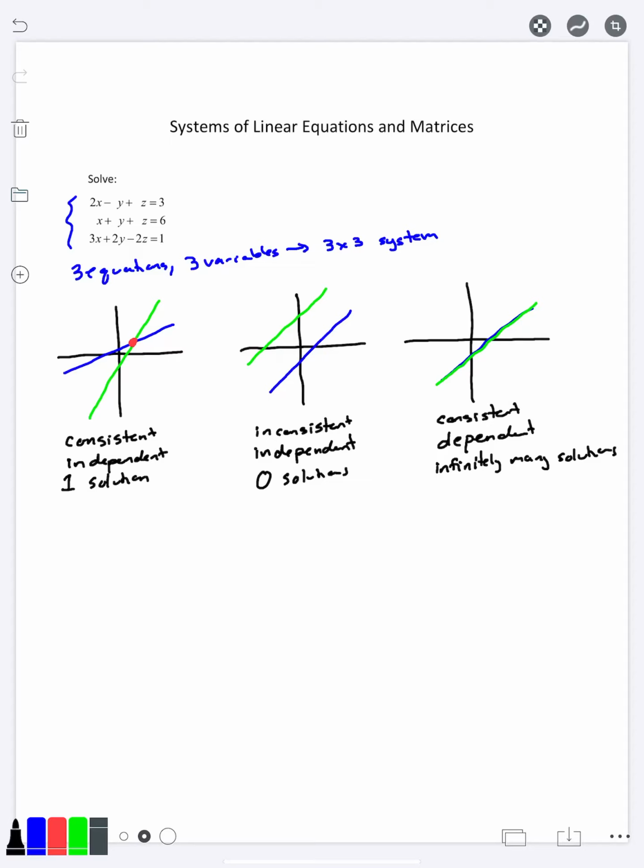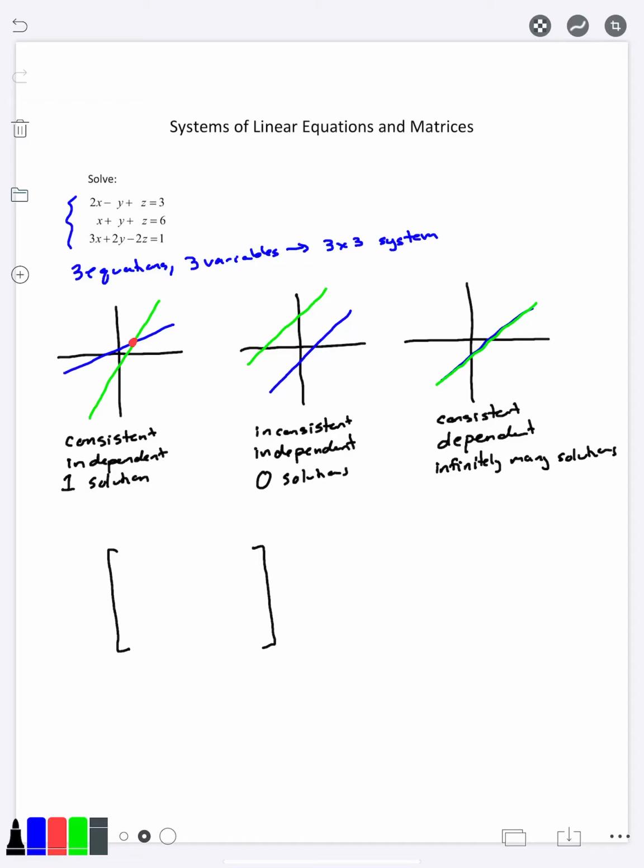So there are a variety of methods to do it, but in this class what we're focusing on is solving them using matrices. And so let me show you how we're going to turn this system of equations into a matrix problem. A matrix is going to have these square brackets here.